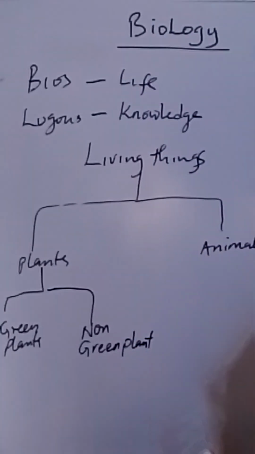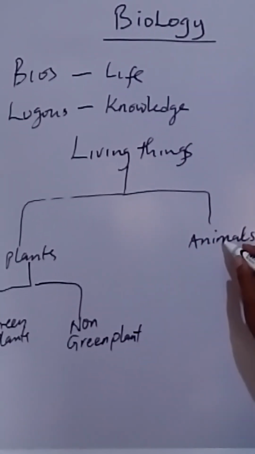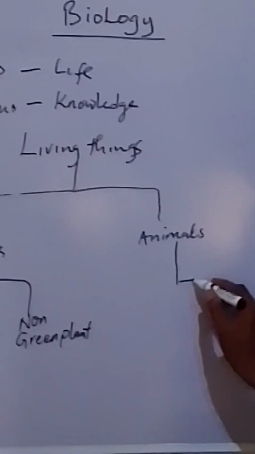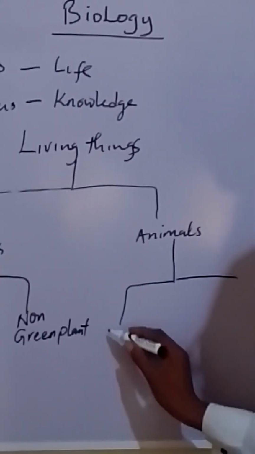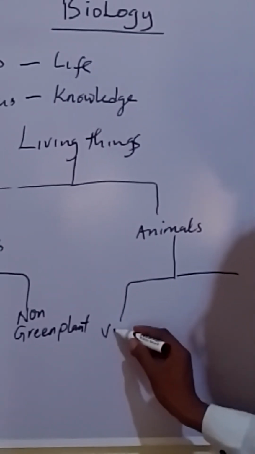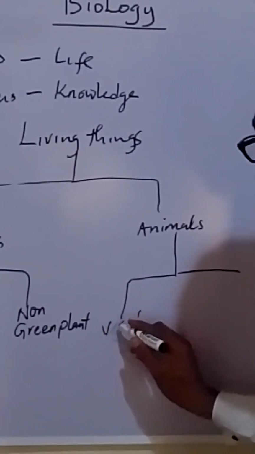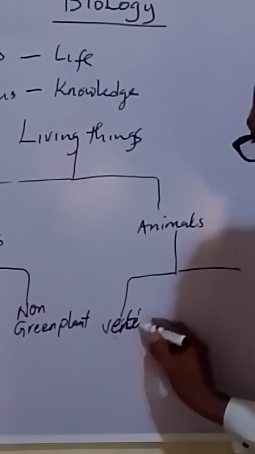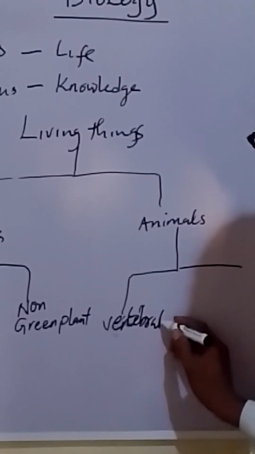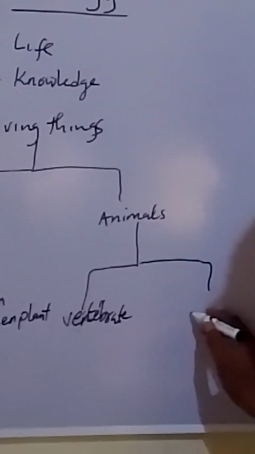Then under animals, animals can be classified as vertebrates and invertebrates.